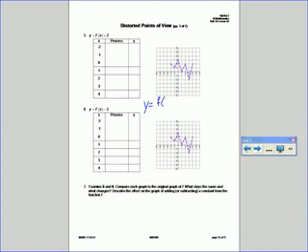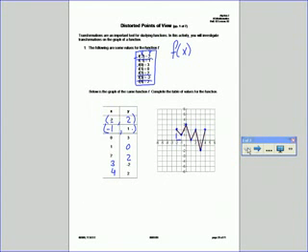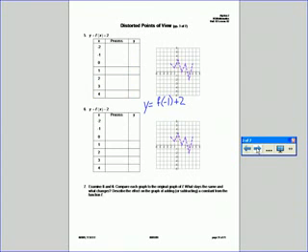We have y is equal to f of, we'll do -1, which comes out to be positive 1. So this whole thing comes down to positive 1, and I still have my plus 2.